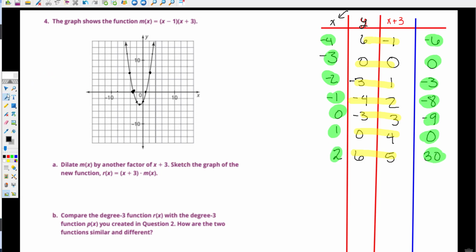And so at negative 4, I am at negative 6. At negative 3, I'm at 0. At negative 2, I'm at negative 3. At negative 1, I'm at negative 8. At 0, I'm at negative 9. At 1, I'm back to 0. At 2, I'm at 30, so I'm off the chart by 2.